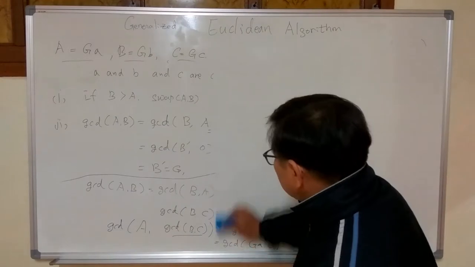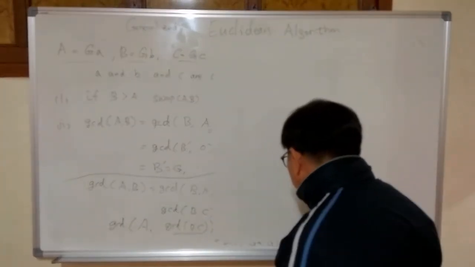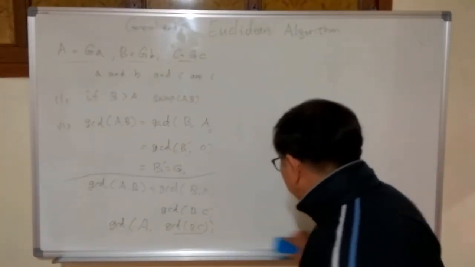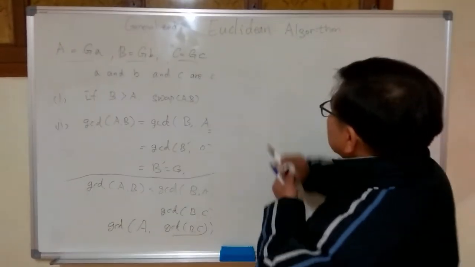So in the previous video, we explained GCD of two numbers like this.